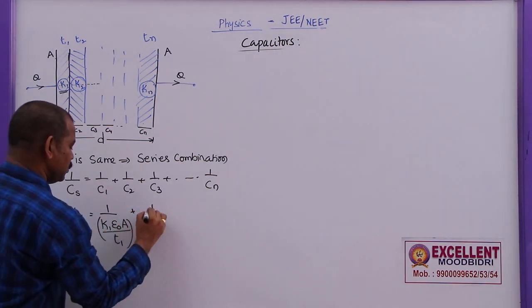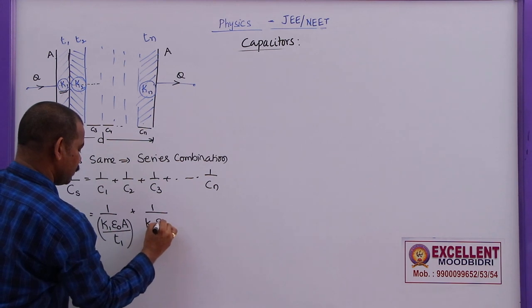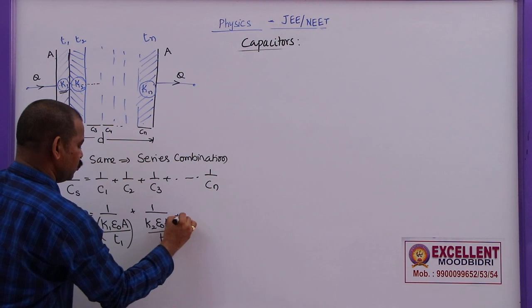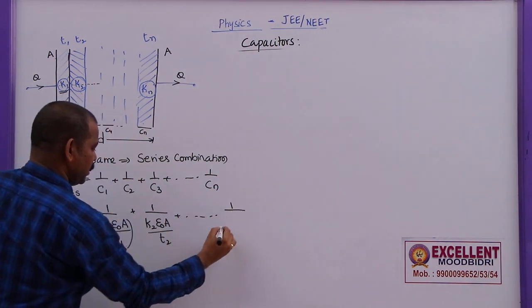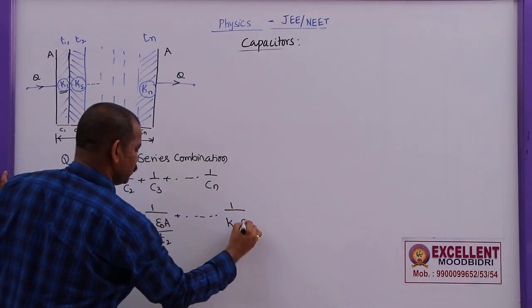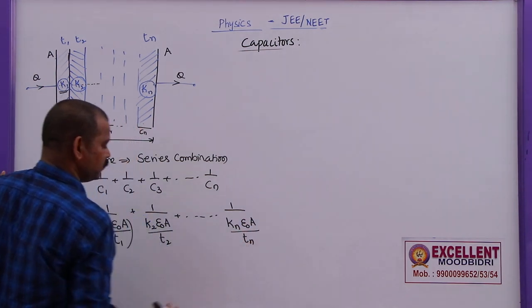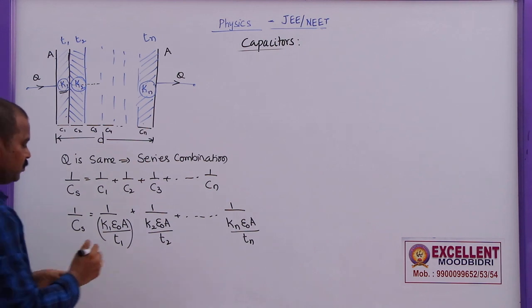Similarly, you can write 1 by K2 epsilon naught A by T2 and so on, 1 by Kn epsilon naught A by Tn. So, this is the expression.